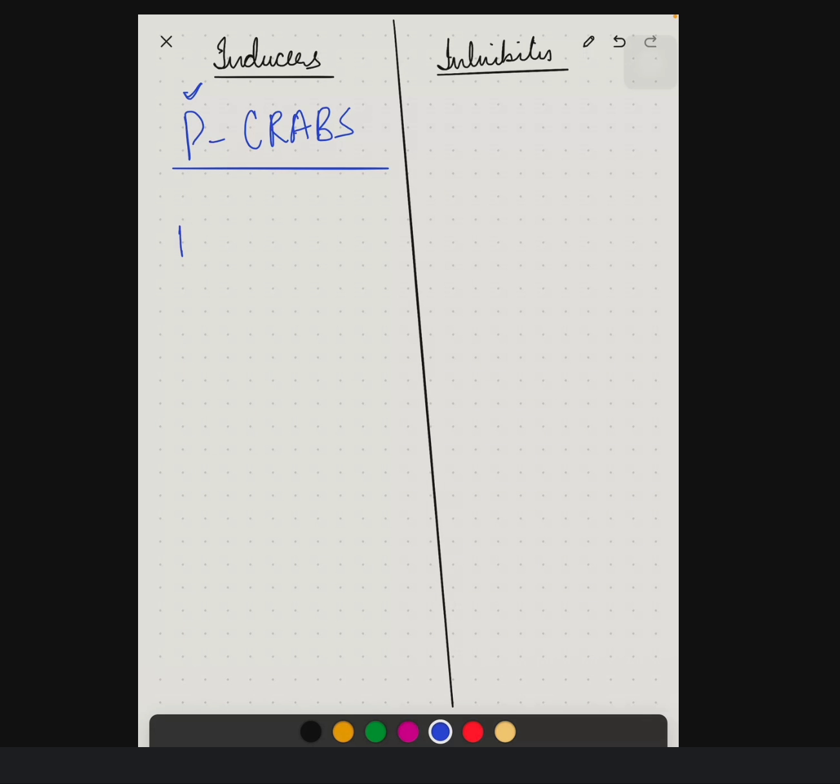And the drugs here are phenytoin, carbamazepine, rifampin.